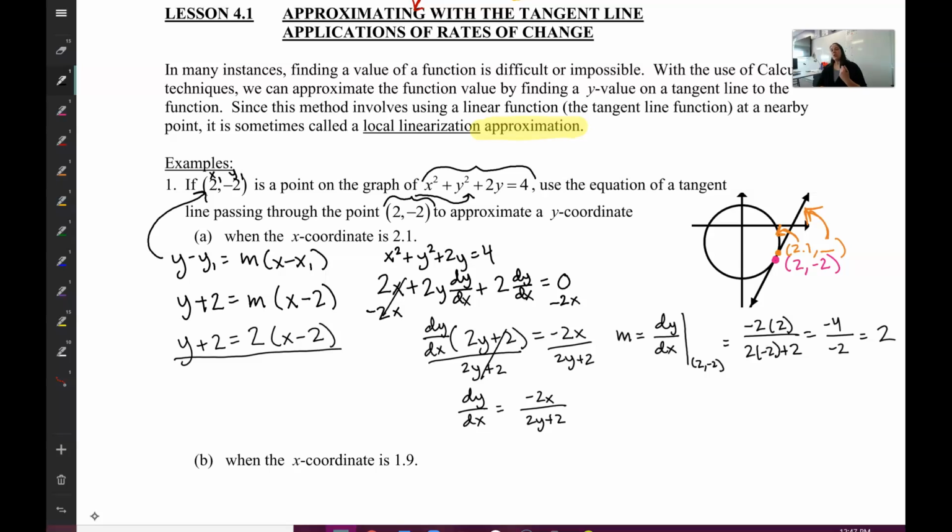So now I want to use this equation to approximate this point. I want to approximate 2.1. So I'm going to plug 2.1 in and simplify, solve this for y.